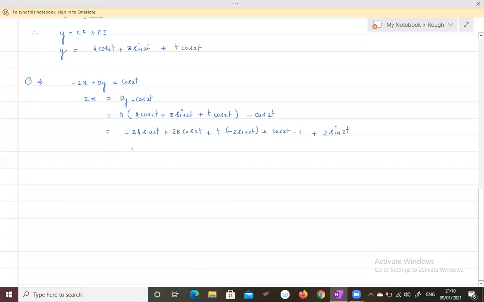Now let us simplify all. Minus 2a sin 2t plus 2b cos 2t minus 2t sin 2t plus cos 2t plus 2 sin 2t.